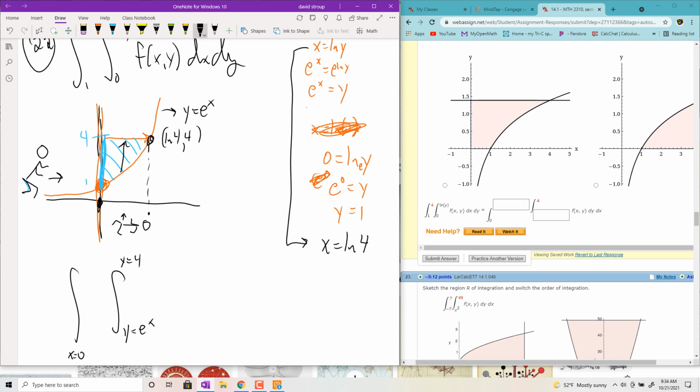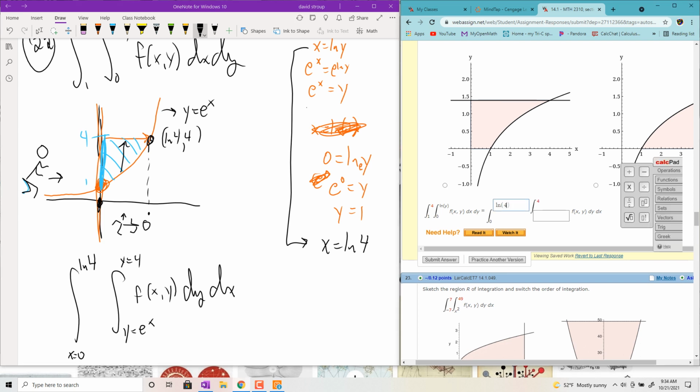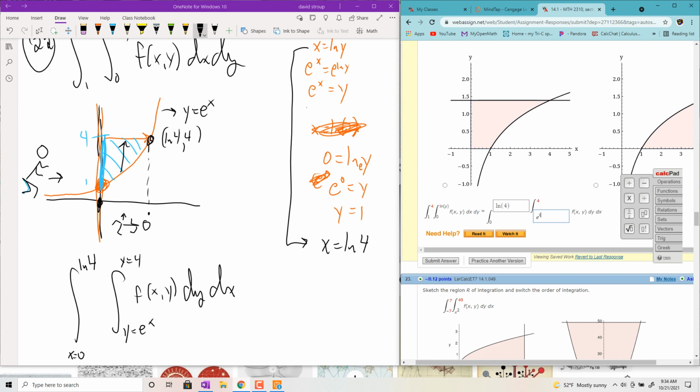So I'm going from 0 to the ln of 4, and then our integrand is whatever it is. They're not telling you what it is. So 0 to ln 4, and then y equals e to the x. So curve the curve, point the point.